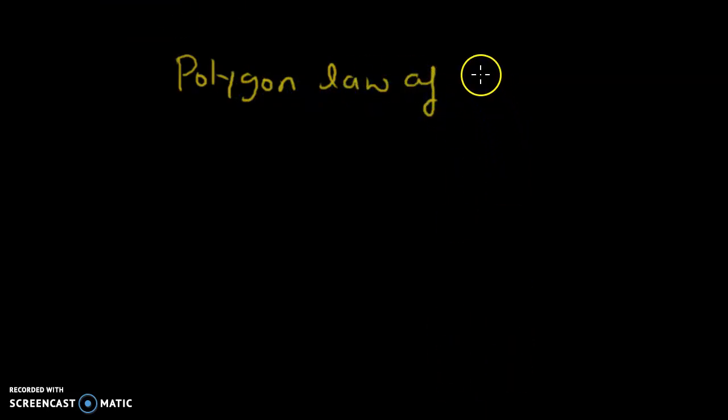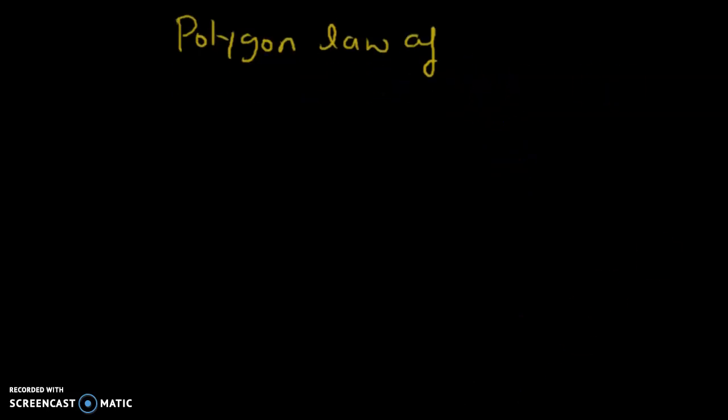We'll discuss more about it later, and I just need to give you a brief intro about the next law, which is the polygon law of vector addition. Of course, triangle and parallelogram are also polygons. So the last is the polygon law of vector addition.